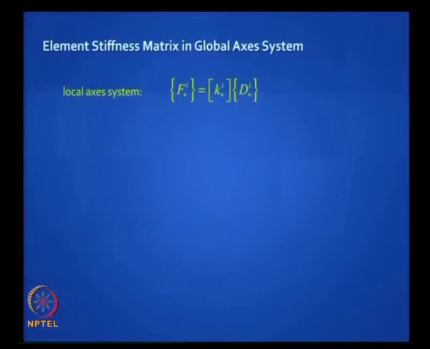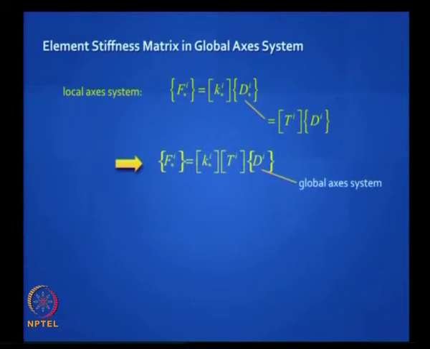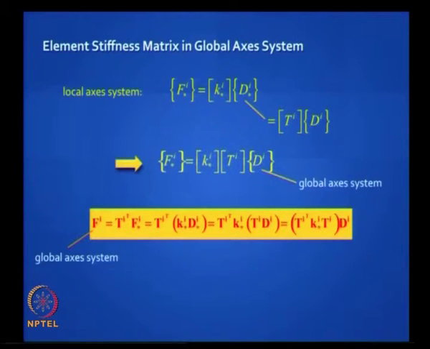So in the local axis system this is what I have got, I have got Ki star. What I want is this. So you see how I am getting to do it. This di can be written as Ti di, got it, the star, right?